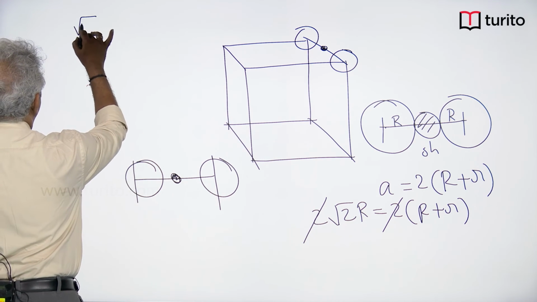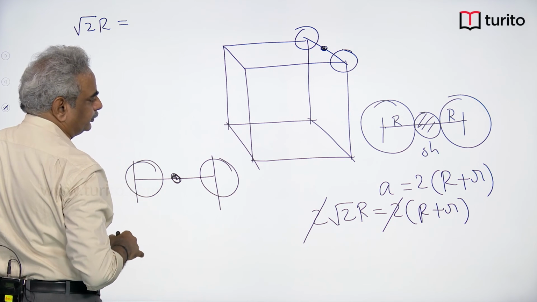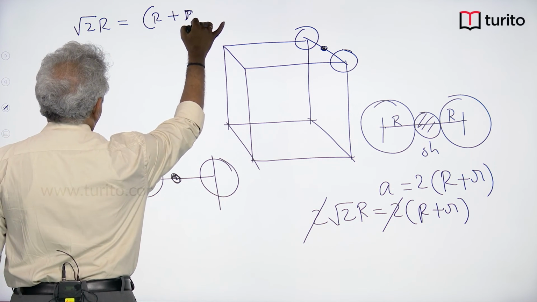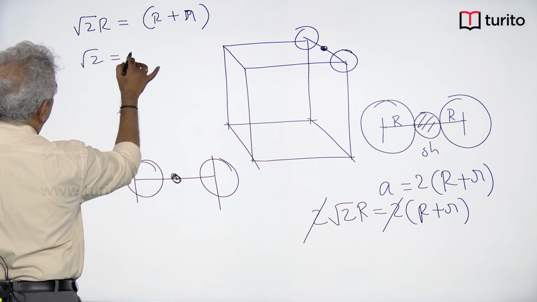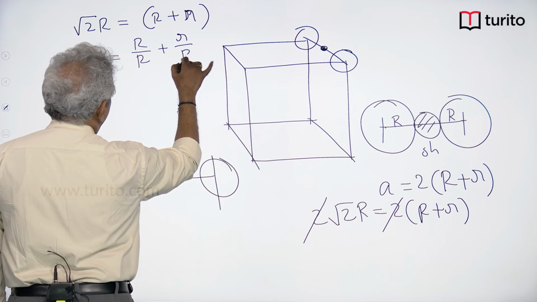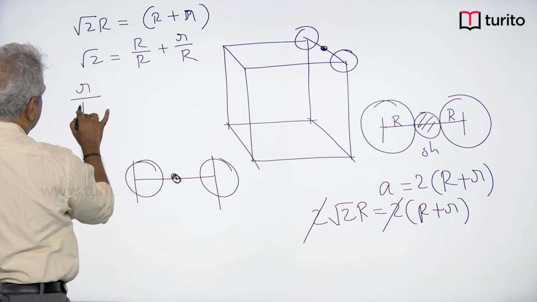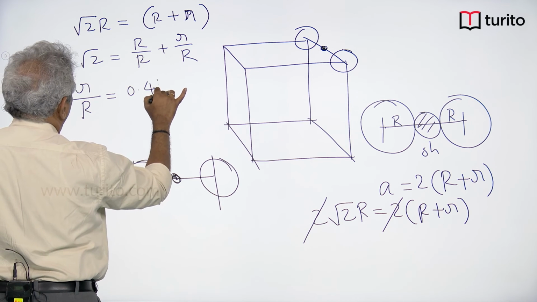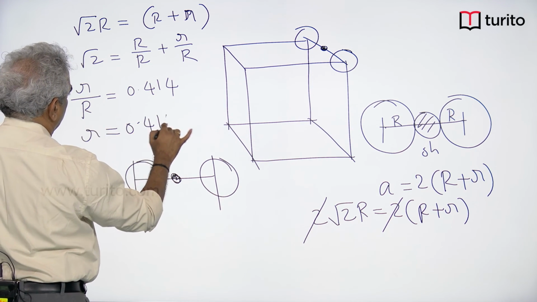Root 2 R is equal to capital R plus small r. I will divide with capital R. I will get root 2 is equal to R by R plus r by R. This gives me 1, this gives me 1.414. r by R is equal to 0.414. So r is equal to 0.414 capital R.